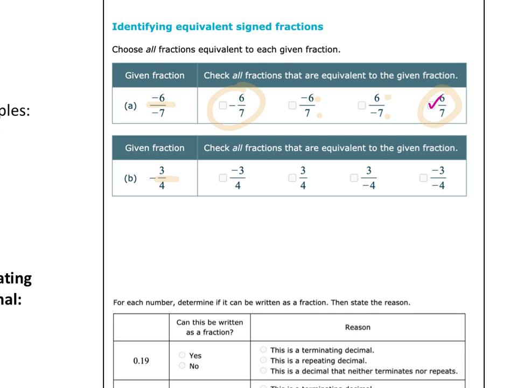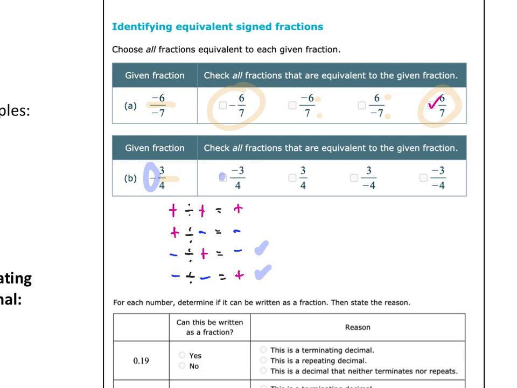Because we're still building off those rules that we just worked on: a positive divided by a positive equals a positive, a positive divided by a negative equals a negative, a negative divided by a positive equals a negative, and a negative divided by a negative equals a positive.